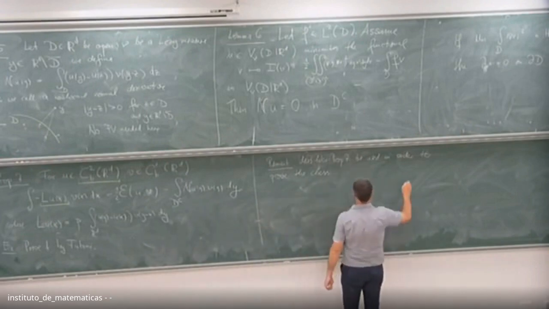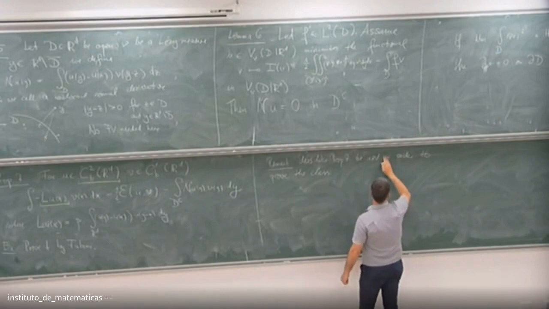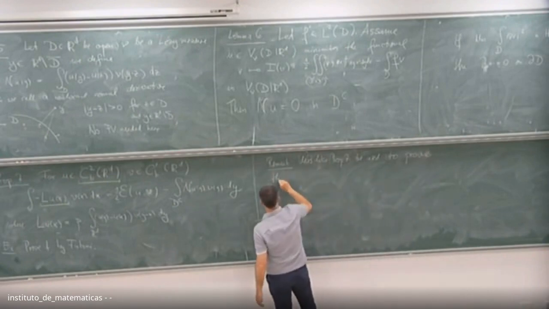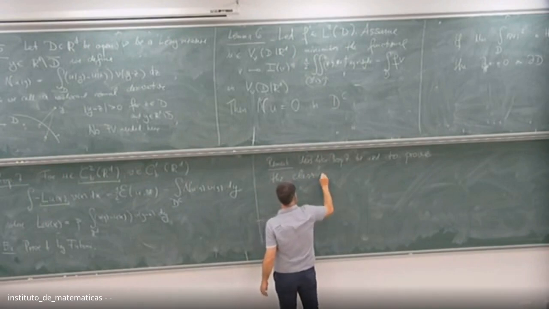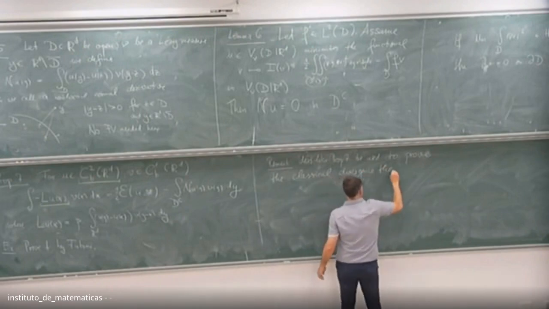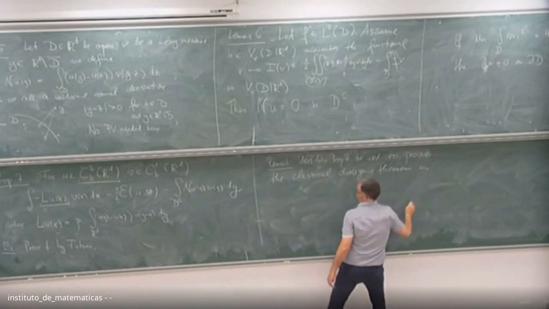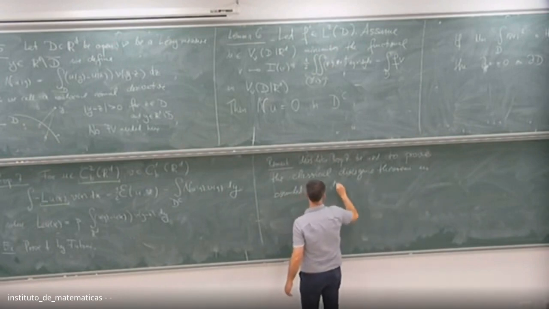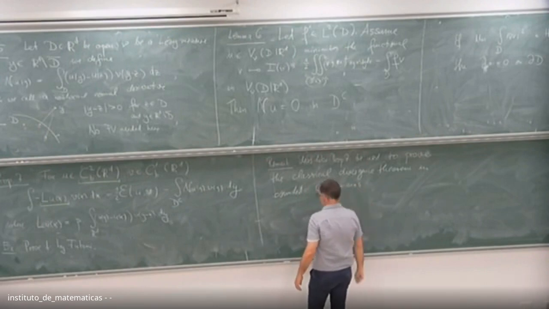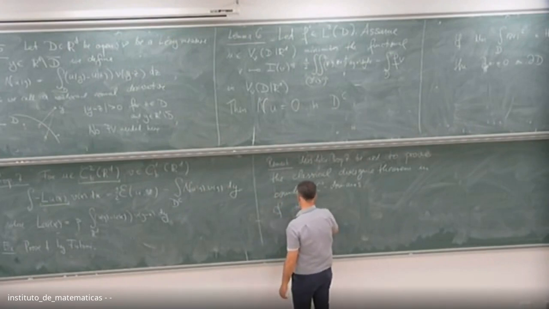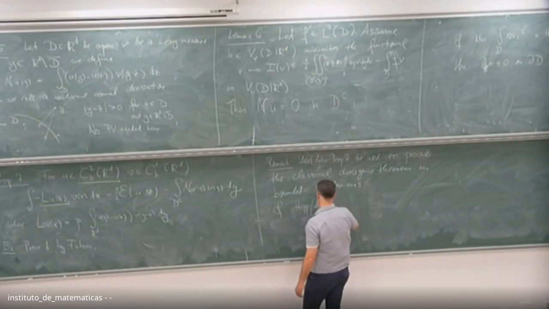Ideas like proposition 7 can be used to prove the classical divergence theorem in bounded C1 domains. So you might want to check the paper by Solveig and myself on arXiv.